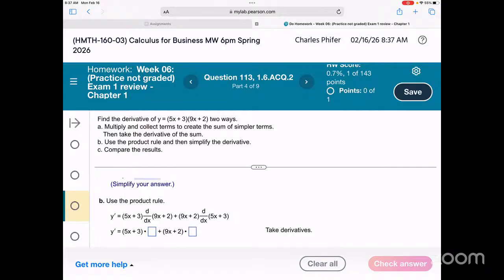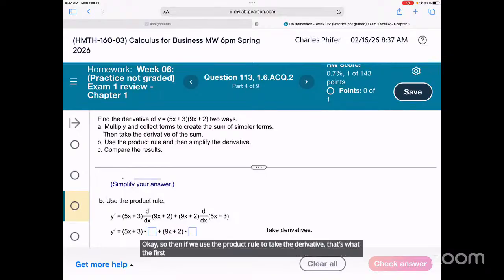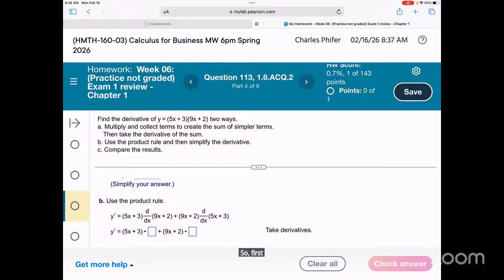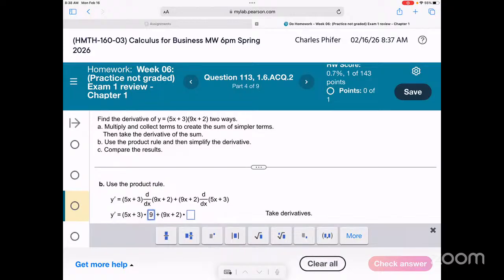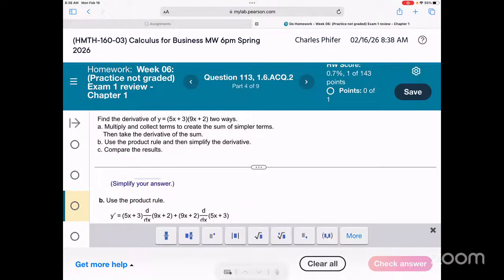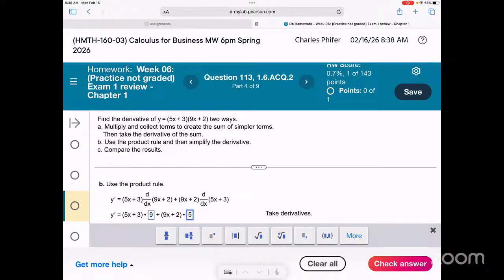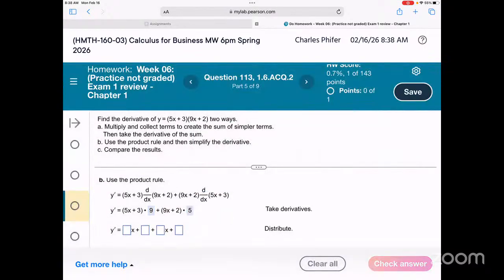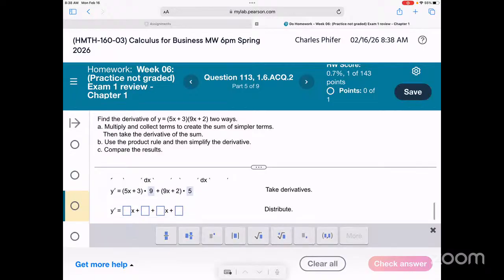Okay. Now if we use the product rule to take the derivative, that's the first times the derivative of the second, plus the second times the derivative of the first. So the first times the derivative of the second, which is a 9, plus the second times the derivative of the first, which is a 5. 45 plus 45 is 90x.